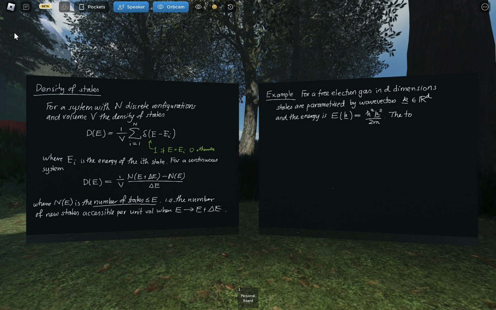All right, so the total number of states of energy less than or equal to E is just the volume of a d-sphere with that radius, E to the half.